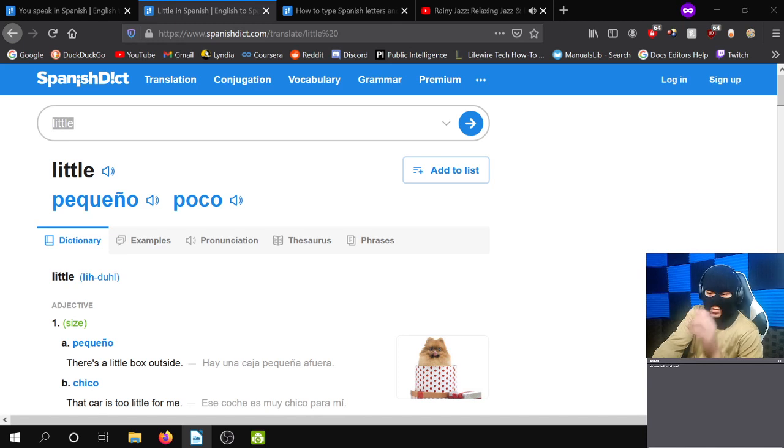Let me go back to what I was saying. The word entiendo, pronounced backwards, is ODNEITNE. So entiendo, which is understand. Entiendo un poco español, which says I understand a little Spanish.